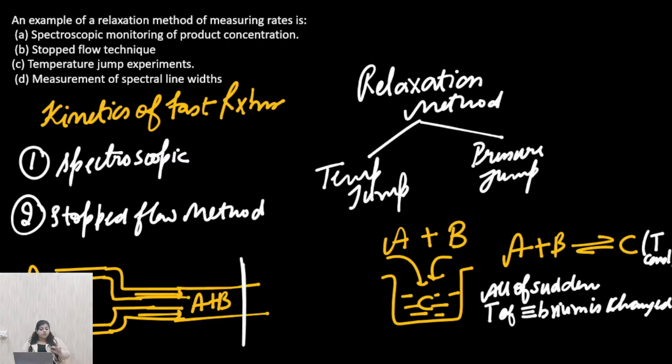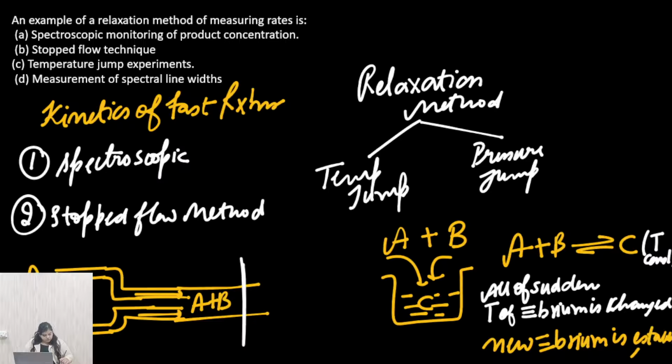So all of a sudden you change the temperature, so you are providing some amount of disturbance to it, right? In that case the equilibrium that was previously established is destroyed, and a new equilibrium will try to develop in due course of time at the new temperature conditions, right? So a new equilibrium is established.